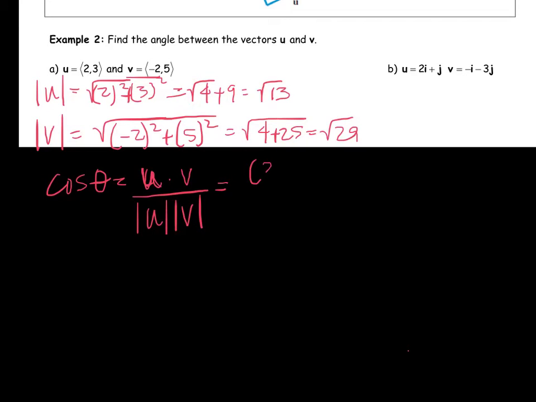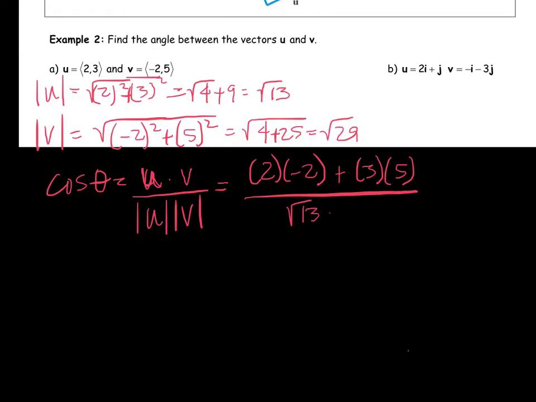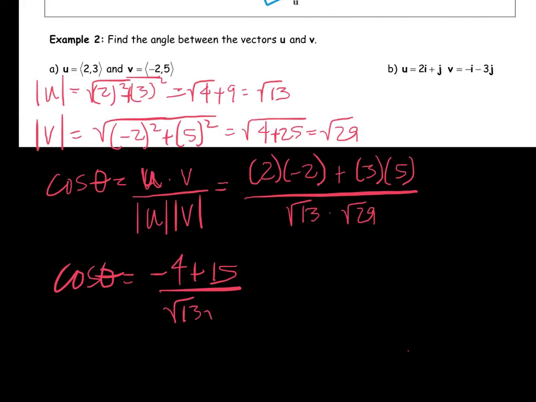So I'm going to multiply 2 times negative 2 plus 3 times 5 over the magnitude of u, which is the square root of 13, times the square root of 29. This is cosine of theta equals negative 4 plus 15 over the square root of 13 times the square root of 29.